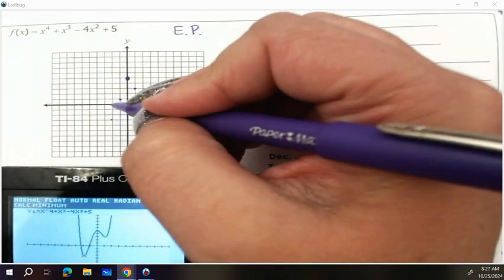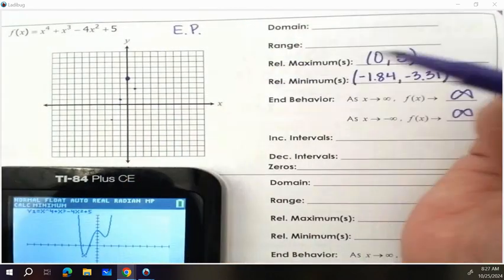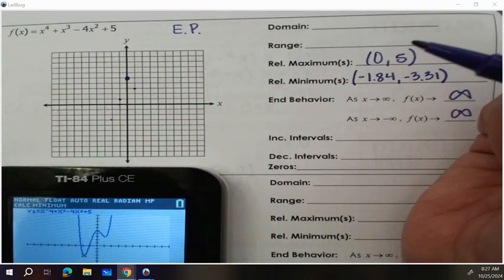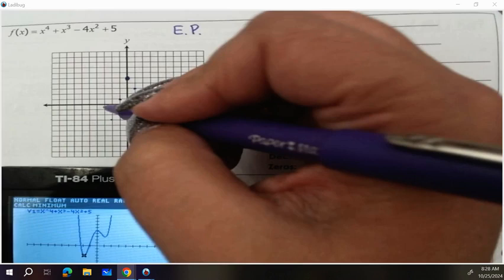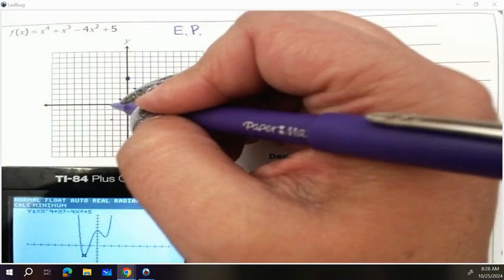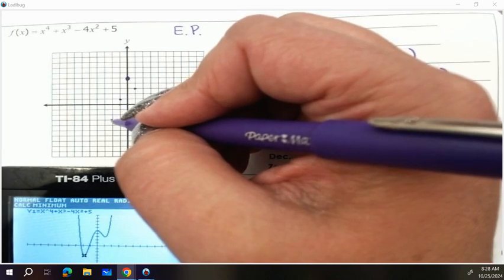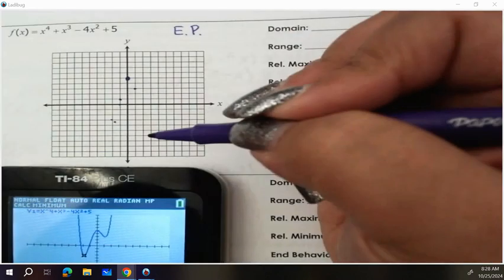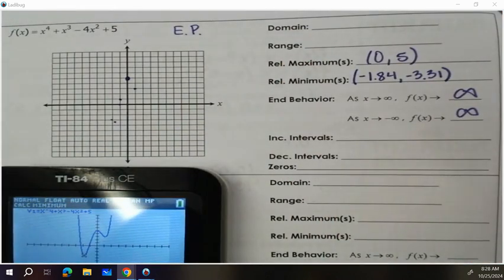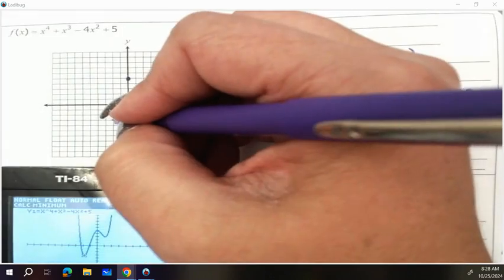Negative 1.84 is almost to negative 2, and then negative 3.31. Looks like right there. So I'm getting some nice information here.